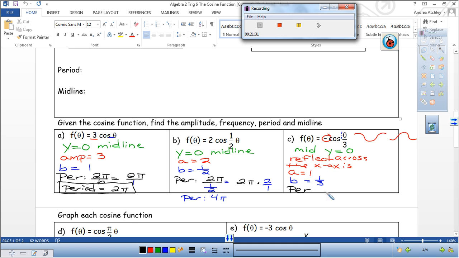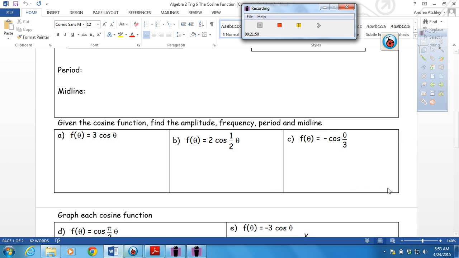The period then is 2 pi divided by 1/3, which is just 6 pi. Any questions over that? Ready? Okay. Now let's graph it.